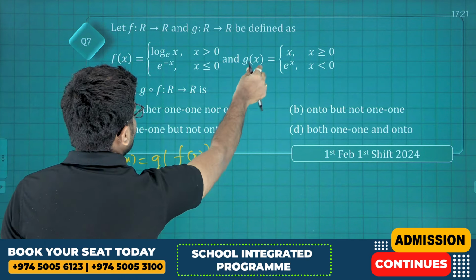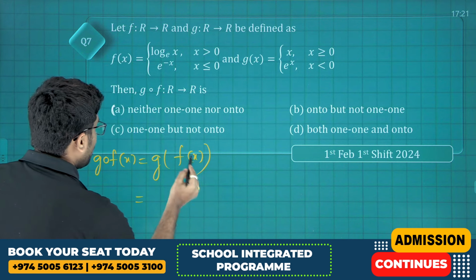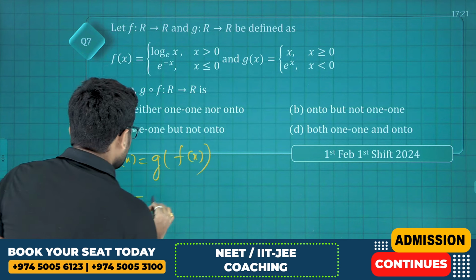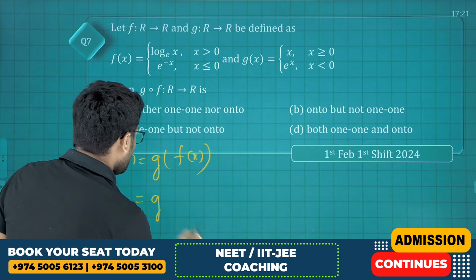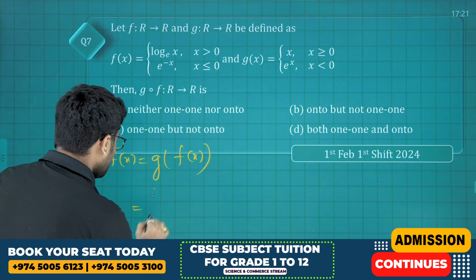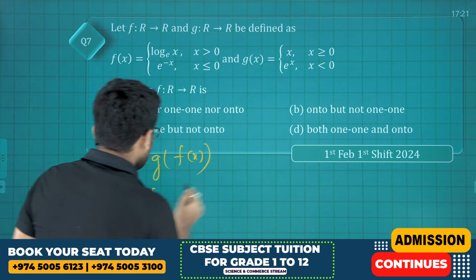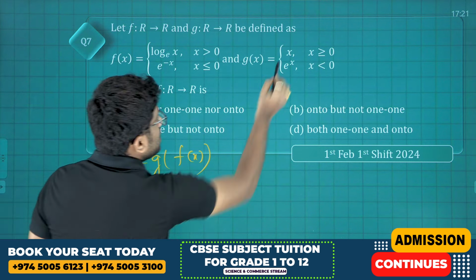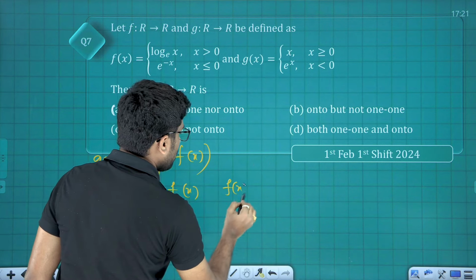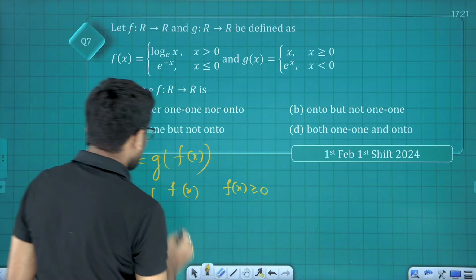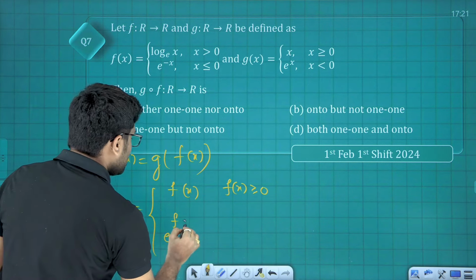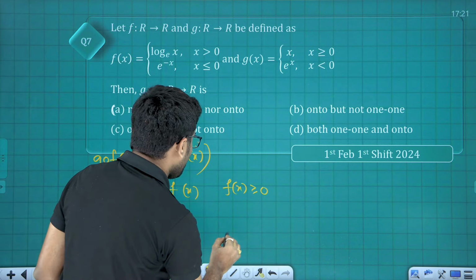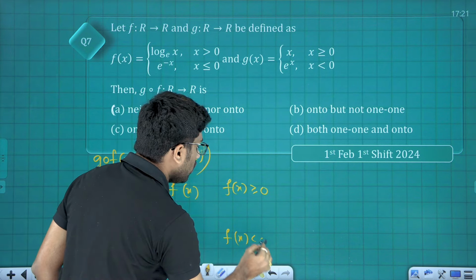G of f of x is nothing but f of x if f of x greater than or equals to 0 and e power f of x if f of x less than 0.